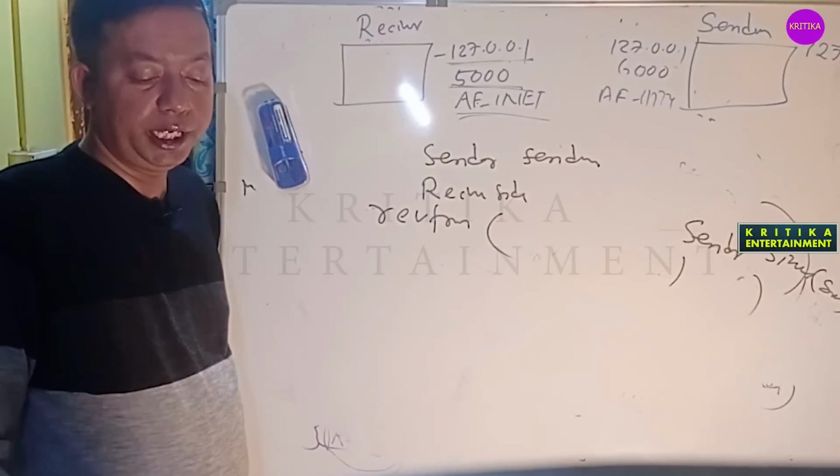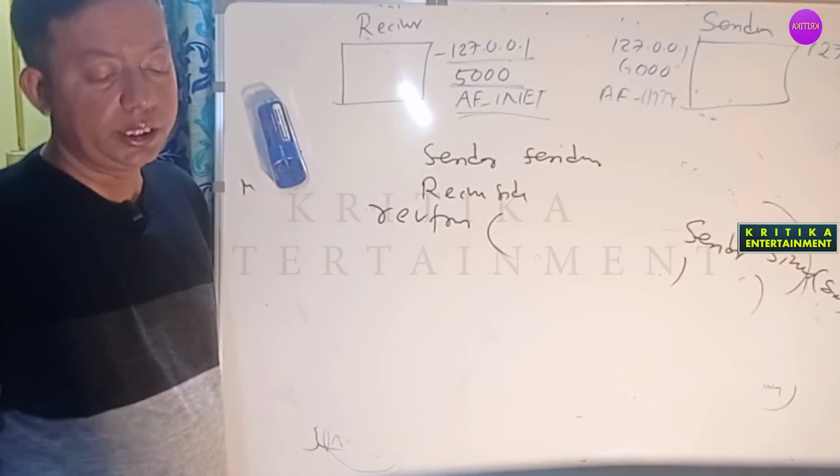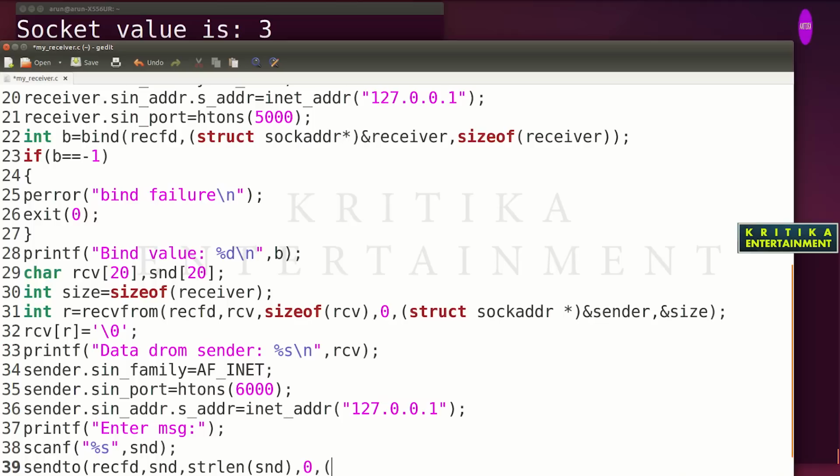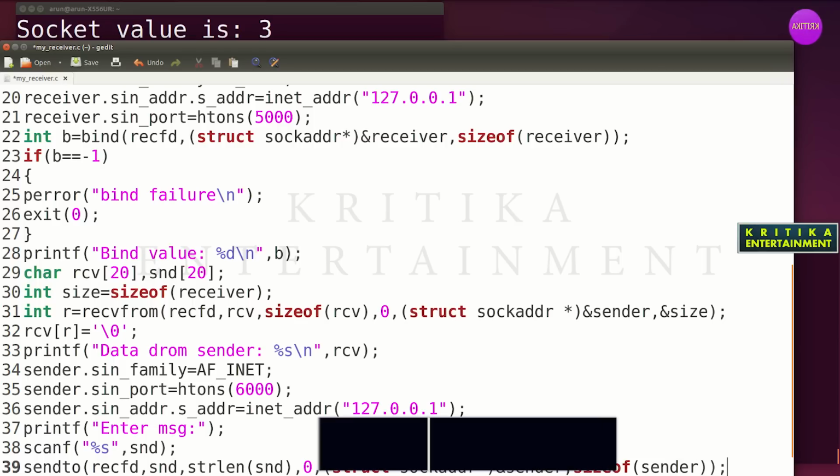Then what are the last two variables? The last two will use the sender variable. So how to write this? You will write struct sockaddr, then give the pointer, you will write the ampersand sender, then sizeof sender, then I'll close this.